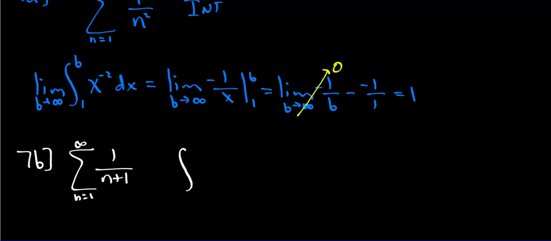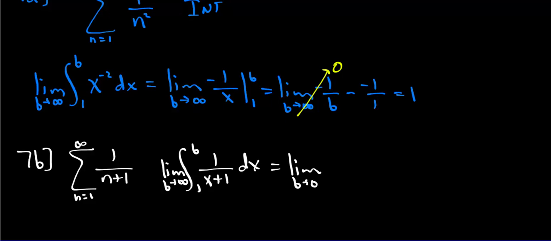And we write this as an integral from 1 to b, the limit as b goes to infinity, of 1 over x plus 1, dx. Don't forget the dx there. So this will give us the limit as b goes to infinity of the natural log of x plus 1 from 1 to b.